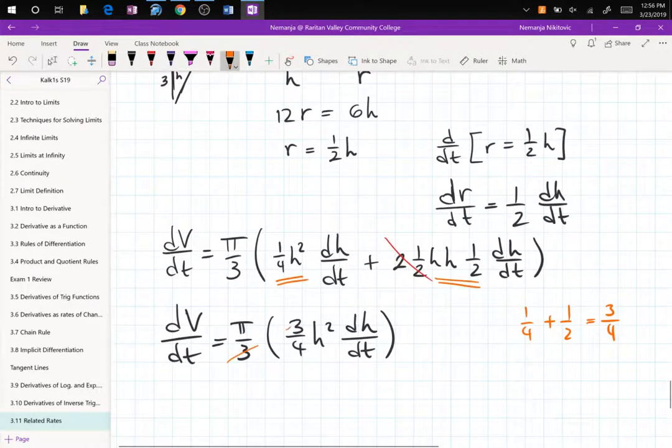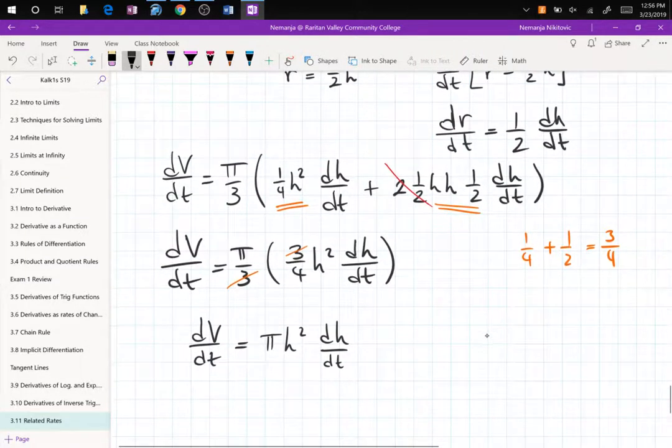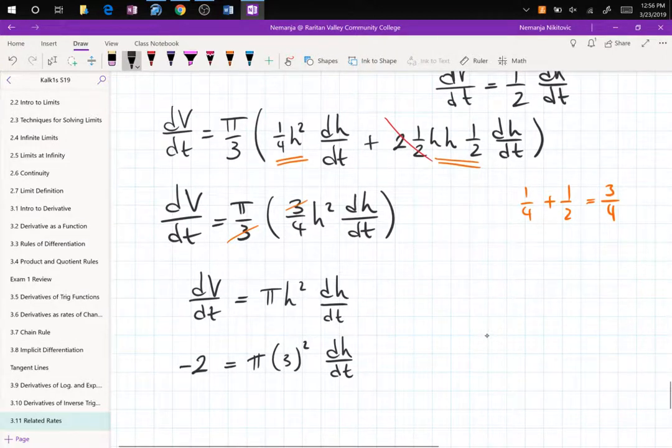So now the 3 and 3 will drop, and the final equation that we get to use is pi h squared dH dt. And I have that this is 2 pi h is 3 squared dH dt. Now we're going to use a -2 because we are losing the volume of water.